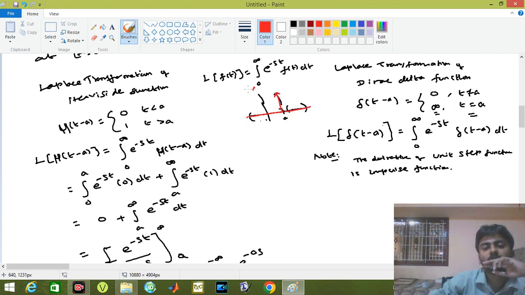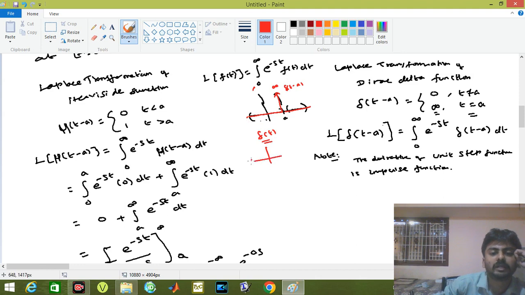We are supposed to take, this is our infinity, so delta of t minus a. At a we will get infinity as a value. See, actually what is happening is, if you take delta of t, then you will get these all are 0. Here it will become a spike at infinity. Here you will get 0. All this becomes 0, and there is a spike at this value.